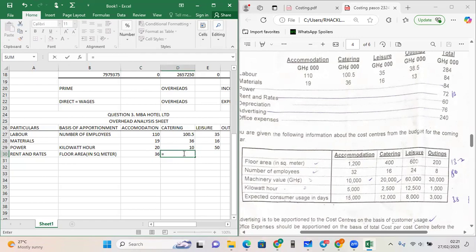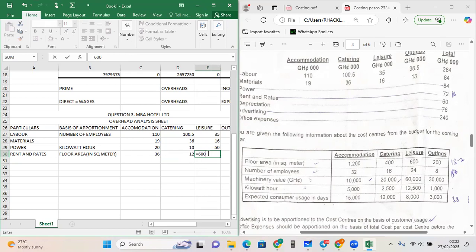The second one is 400 divided by 2,400 times 72.